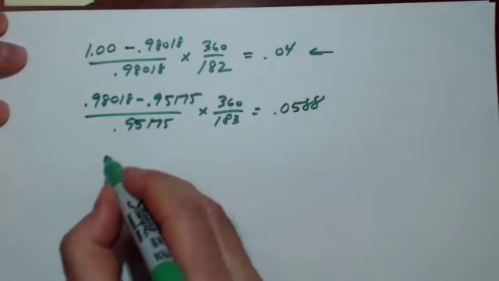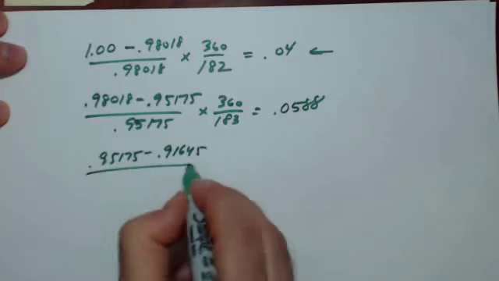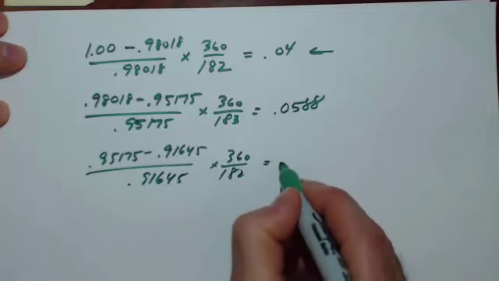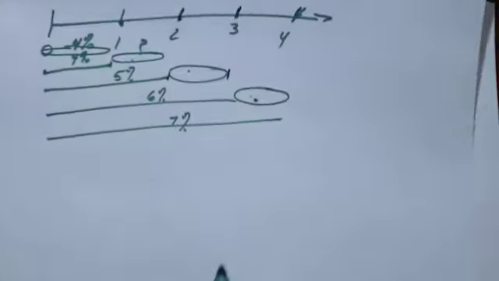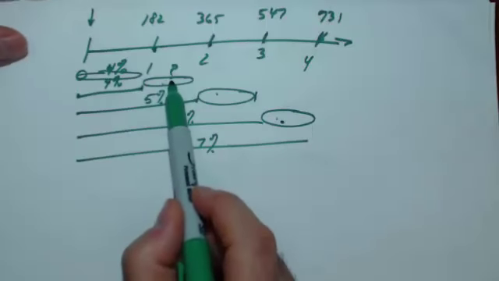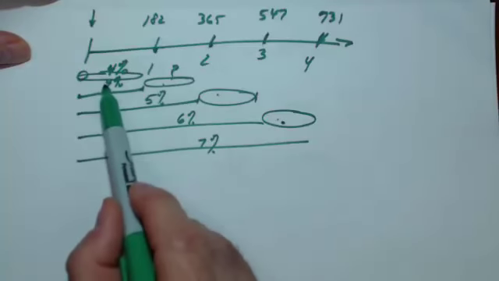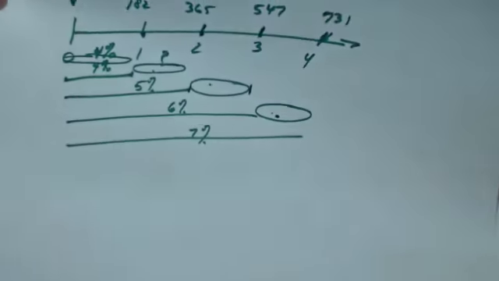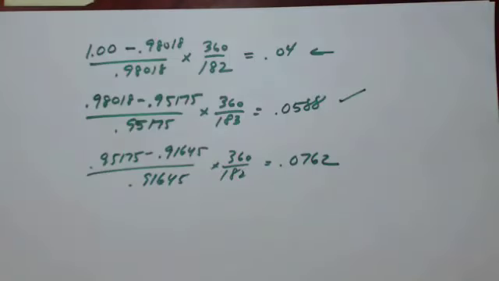And we do the same thing for the next period, and we get 0.0762. Now remember what I said here. I said that this forward rate ought to be about 6%, because 4 and 6 averaged out give you 5, but we had to adjust for the time periods, 1 day extra. And look what it is. It's almost 6%, as we thought it would be.